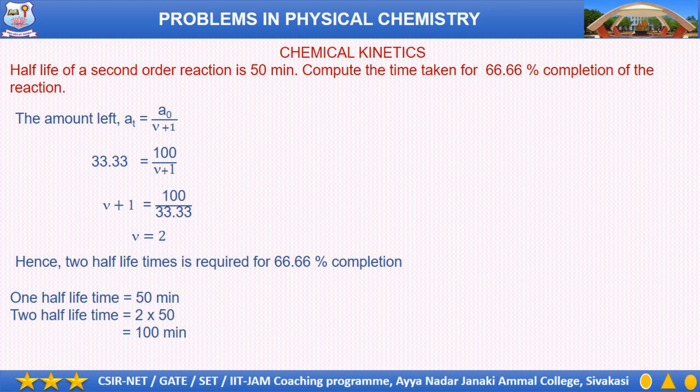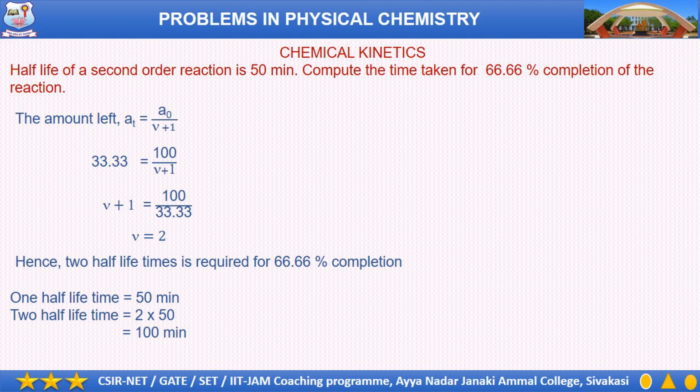Accordingly, now I'm going to use At is equal to A naught by nu plus 1. And what is given? Half-life is 50 minutes. Compute the time taken for 66.6% completion of the reaction. According to this equation, we need the amount left.